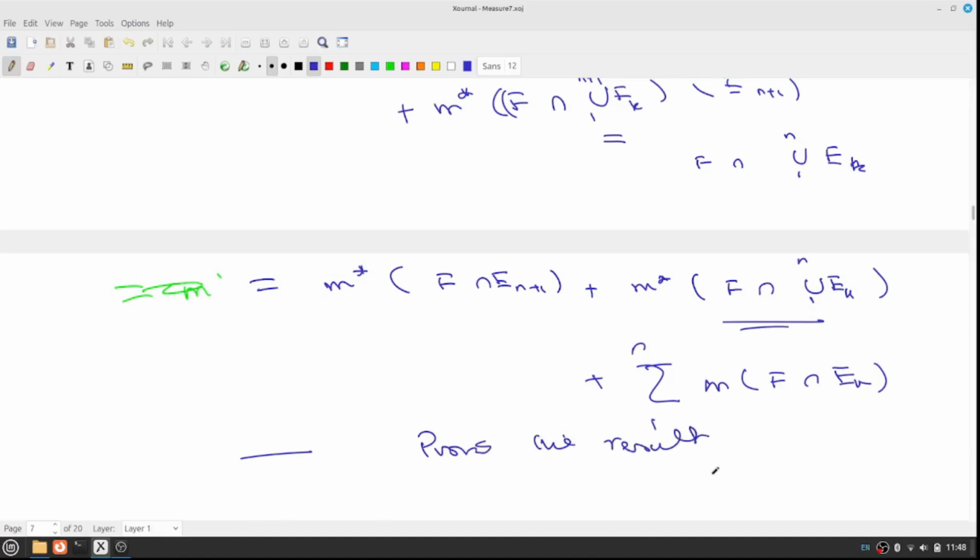Let me again advise you, please go through this once more, draw the picture, try to understand, and then try to prove rigorously. That is, F intersection the union of E_k, k equal to 1 to n+1, the whole thing.